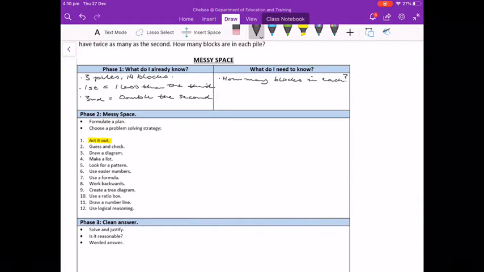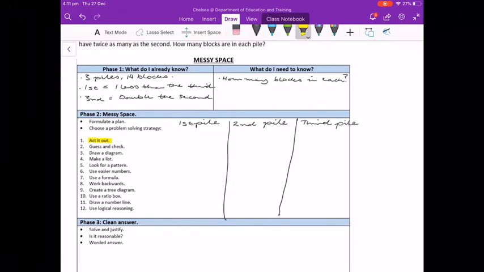So I've got 14 blocks in 3 piles, and the first one has to have one less than the third. So let's go through and write the piles. Our first pile, our second pile, and our third pile.